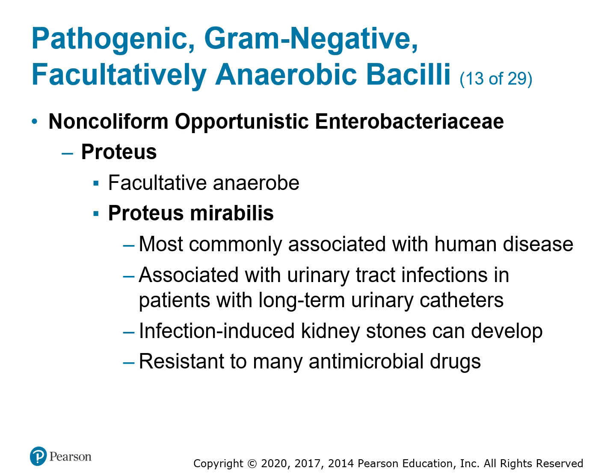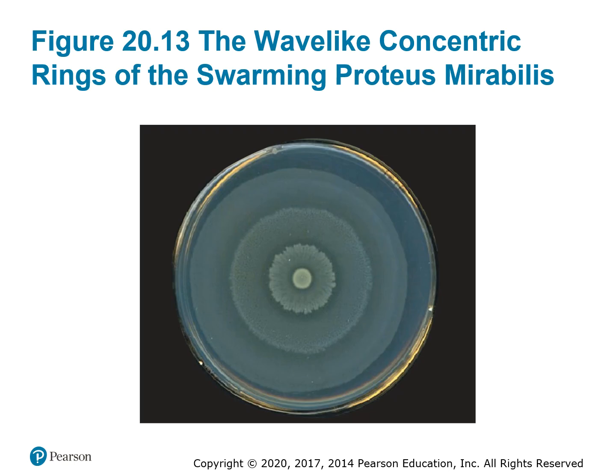It can also cause infection-induced kidney stones. It is resistant to many antimicrobial drugs. This particular picture shows the wave-like concentric rings, so you can see those of the swarming Proteus mirabilis.